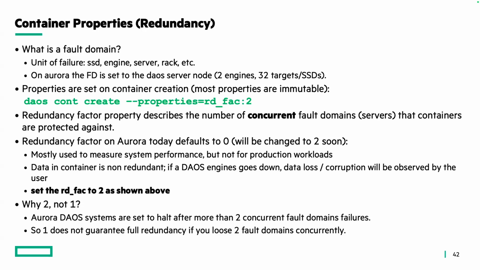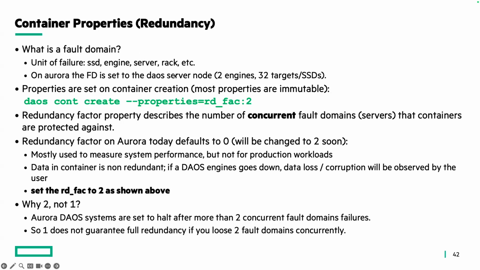Properties on containers. Before going into what the redundancy factor is, I want to quickly touch on what a fault domain is, because you see me use that term a lot. A fault domain is a unit of failure, basically an SSD, an engine, a server, a rack. On Aurora, the fault domain is set to the server node.